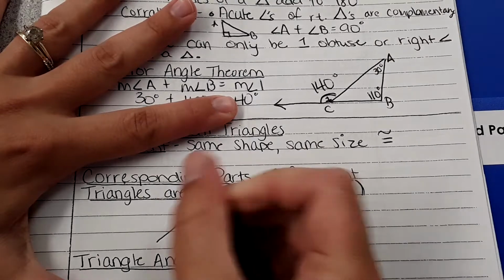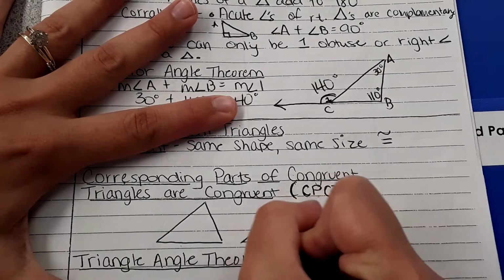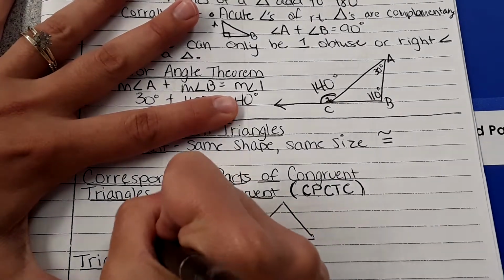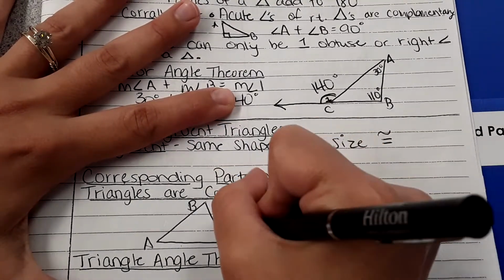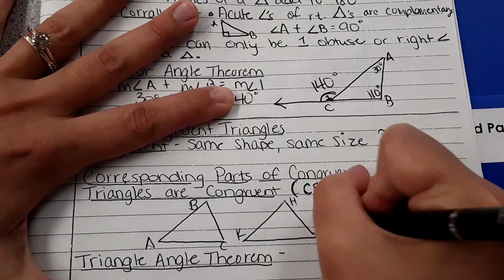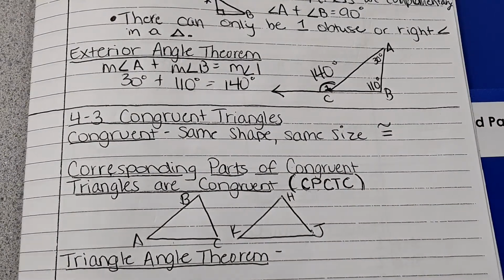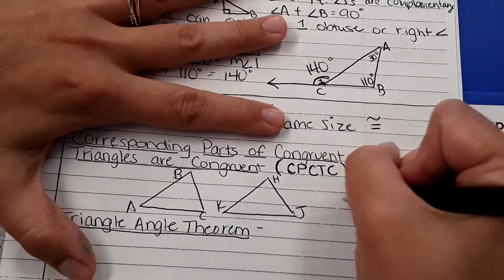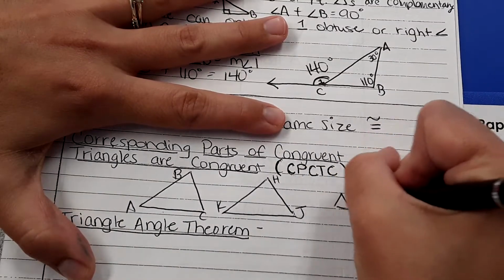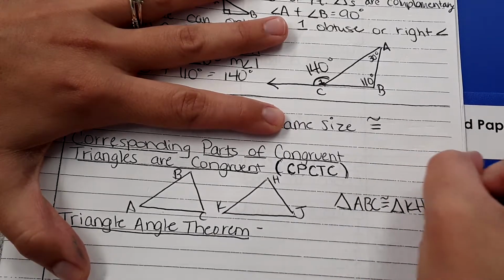Right here, I'm going to draw two congruent triangles as best I can. Okay, so if I was to name these congruent triangles, I would say triangle ABC is congruent to triangle KHJ.